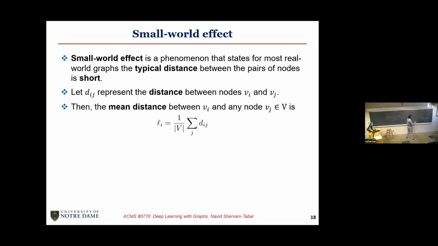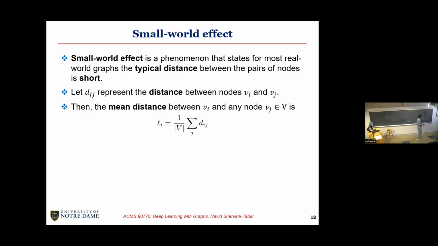Let's say that Dij represents the shortest path between two nodes. We have a node Vi and a node Vj, and the shortest number of edges that we need to traverse to get from Vi to Vj is called the distance between nodes Vi and Vj.